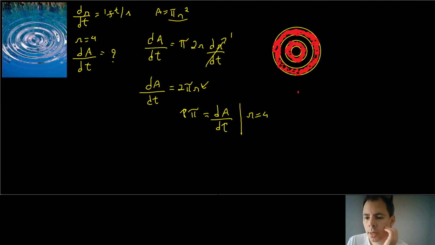Okay, so what is the largest area? You can see that this area right here is a lot larger than this other area right here, okay? This one is small and this one here is large. The red one is large, and the one pointed out by the orange area is smaller. So you can see that the rate of change of the radius with respect to time was the same, okay?